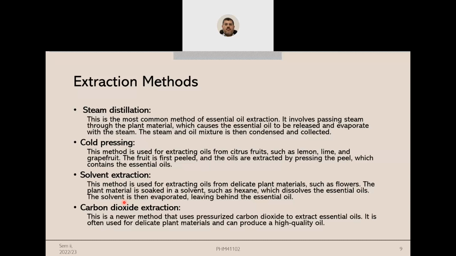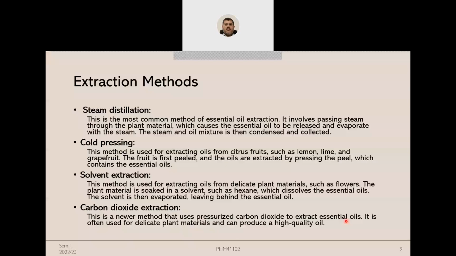Since carbon dioxide became liquid, it will have the same characteristics as solvents, so it can also extract the essential oils. So it uses pressurized carbon dioxide, which will be liquefied in this condition, to extract the essential oil.